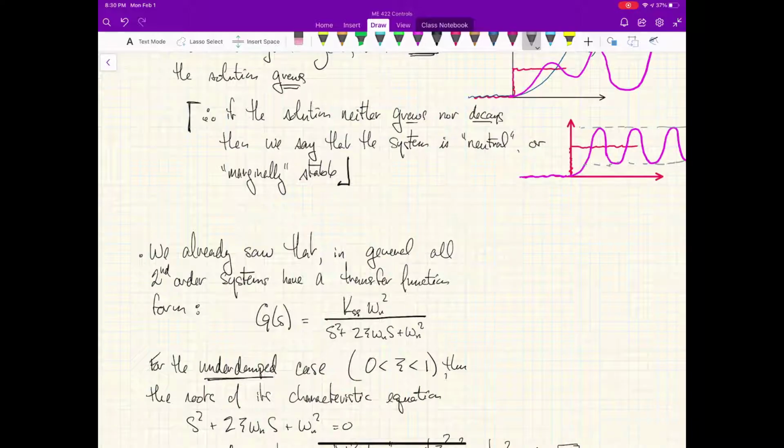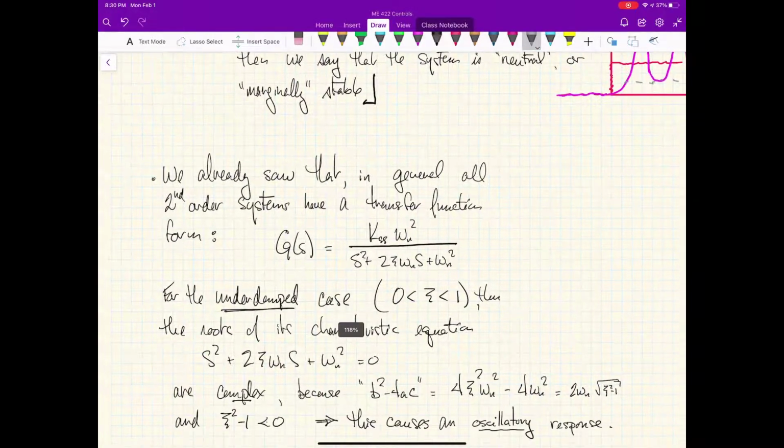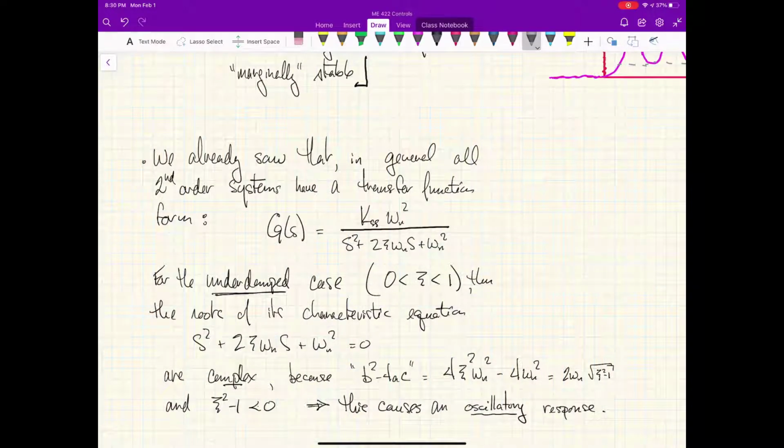Now, we've already seen and talked about the general form of the second order system, if you recall, and that's, I think, in your chapter 2 in your book. And the general form of it is K, or steady state gain, times the natural frequency squared divided by S squared plus 2 zeta omega n S plus omega n squared.